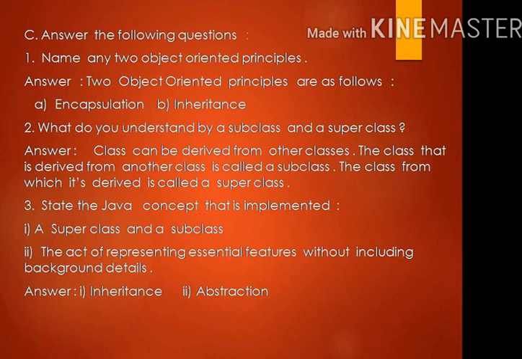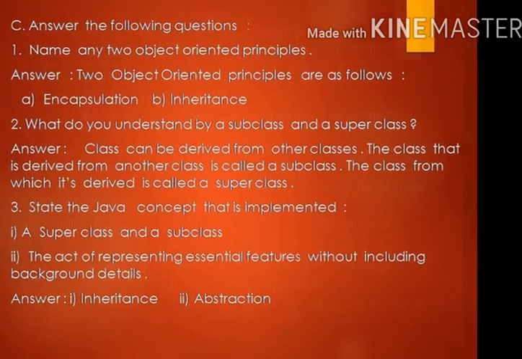State the Java concept that is implemented. Number 1. A superclass and a subclass. Number 2. The act of representing essential features without including background details. Answer. Part 1 is inheritance and part 2 is abstraction.